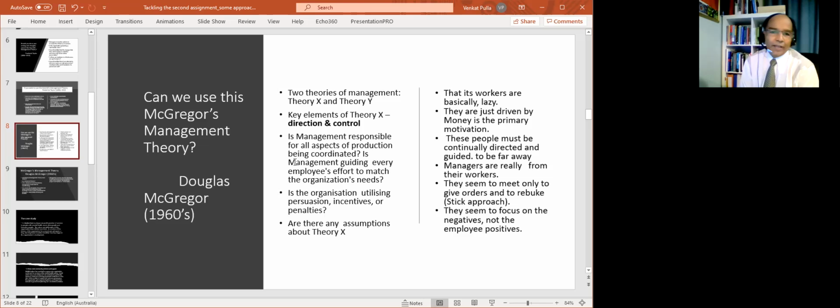Managers are really far away from the workers. They seem to meet only to give orders, to rebuke, kind of a stick approach rather than a carrot approach. They seem to focus on the negatives, not on employee positives.